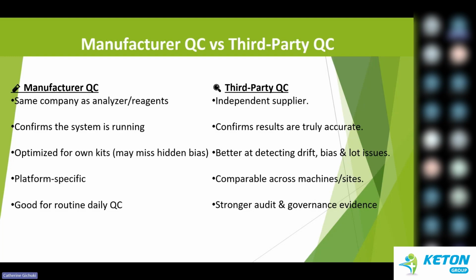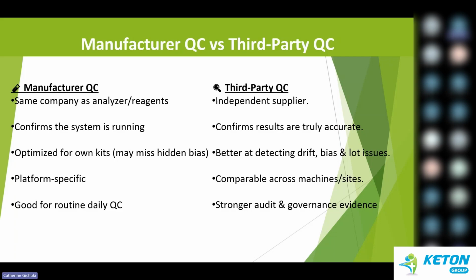Is it operational? That is why, even during the installation, they come with the calibrators and the QC. During calibrations, for example for the hematology machines, they are calibrating and then checking whether it is aligning to it. And then the third parties will confirm the results are true and accurate.